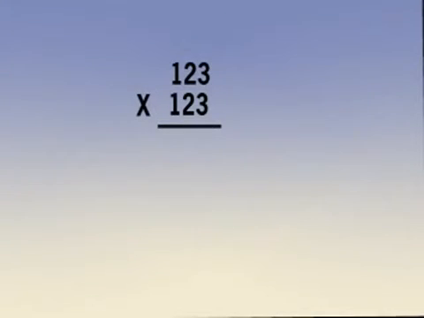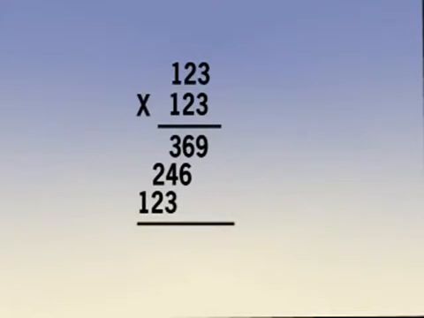To check, we can multiply 123 by itself. Can we also do that faster?